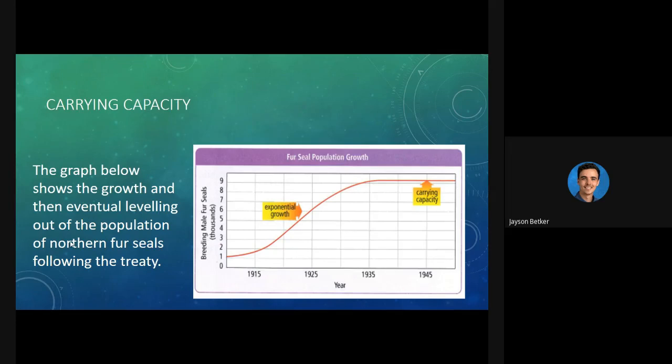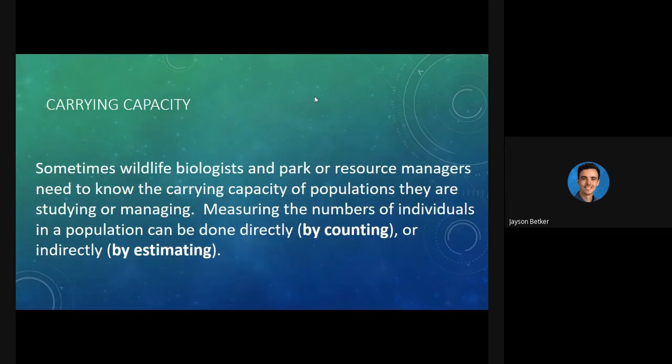So right here, we have limiting factors that are affecting the population growth of the fur seals because it can't just continue to go up like this. And then it reaches a carrying capacity. Sometimes wildlife biologists and national park or resource managers need to know the carrying capacity of populations they're studying or managing.